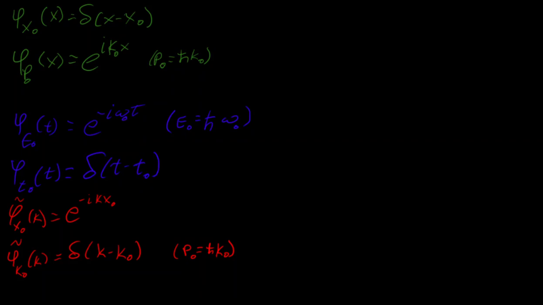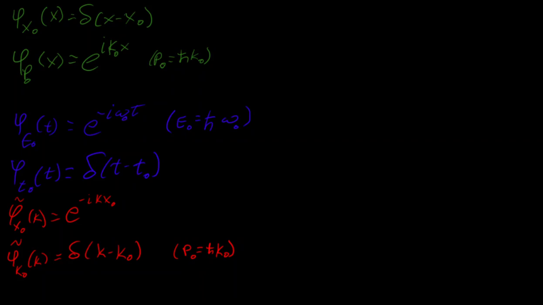Lastly, if we work in momentum space or k-space, we talked about this before. Phi tilde sub x naught of k is 1 over root 2 pi times e to the minus i k x naught, with a definite position of x naught. Phi tilde sub k naught of k is delta of k minus k naught, where p naught equals h bar k naught.